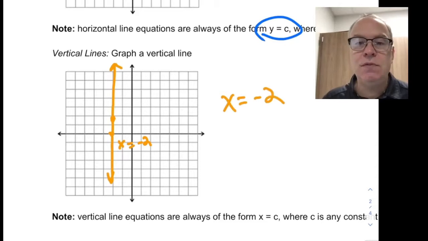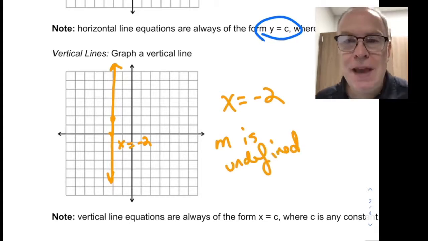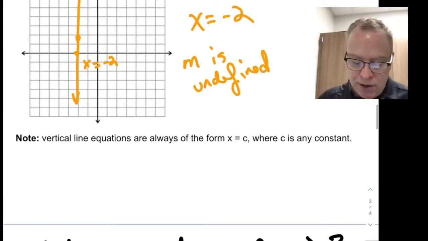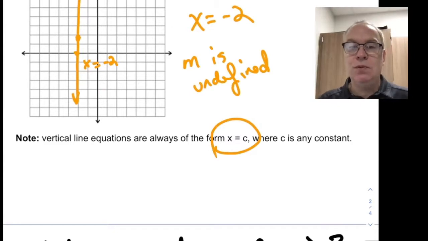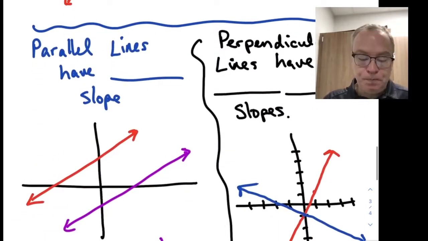X is -2. And by the way, the slope is called undefined. It is so steep you can't even describe it. It's undefined, we say. So there you have it. Vertical lines are always of the form x equals c. We already did that, so good for us, right?